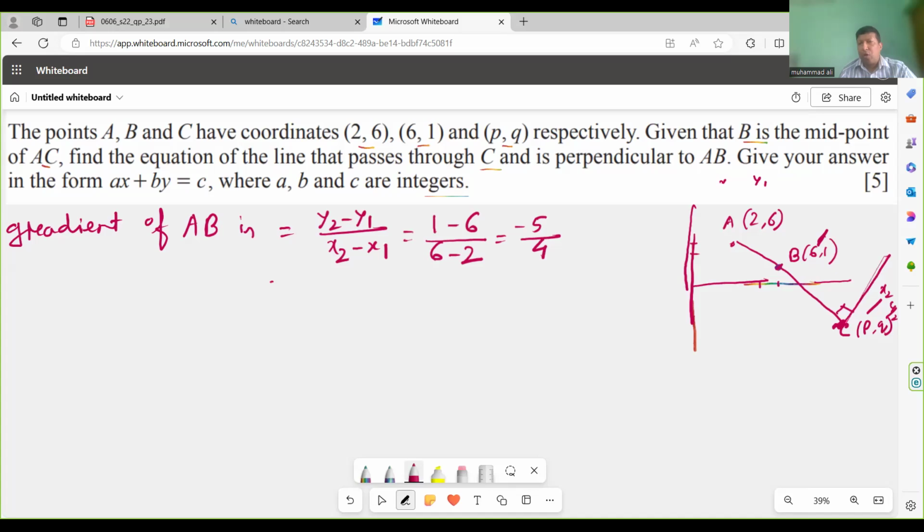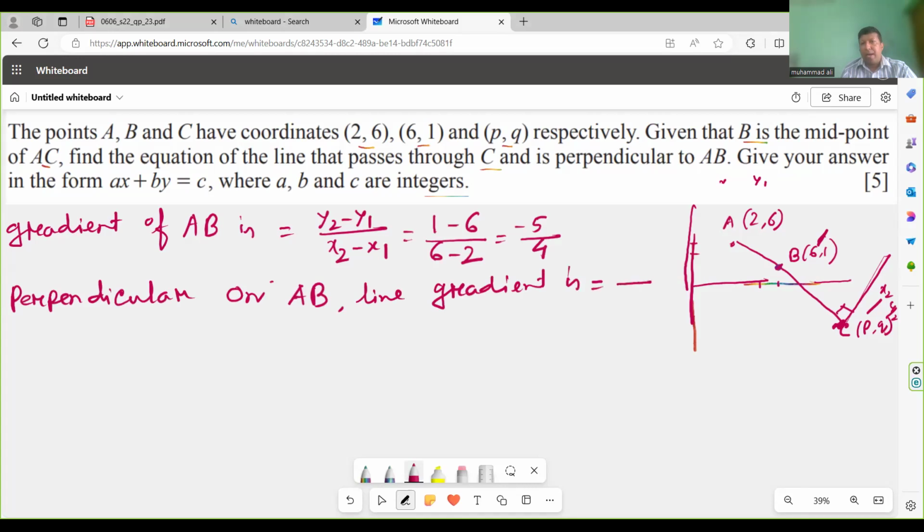Any line perpendicular to AB has a gradient that is the negative reciprocal, which is -1/m. That means 1 divided by 5/4 is 4/5. So the gradient of the line perpendicular to AB is 4/5.